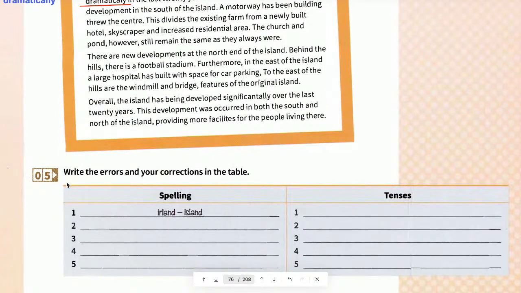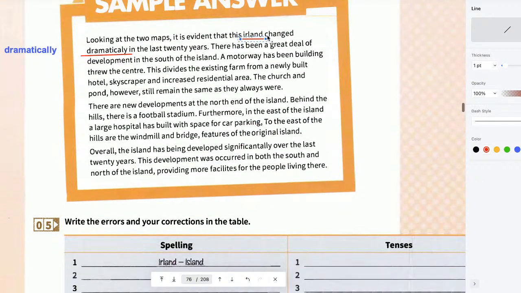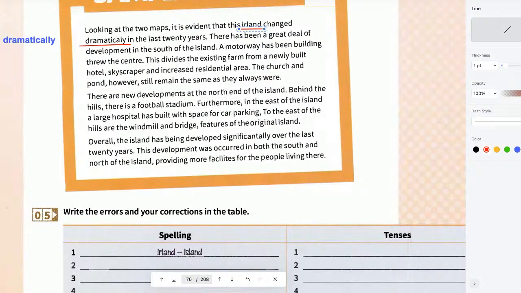Oh, they say exercise 5, write the arrows and your corrections for something else. Just look, that's why you have to look.